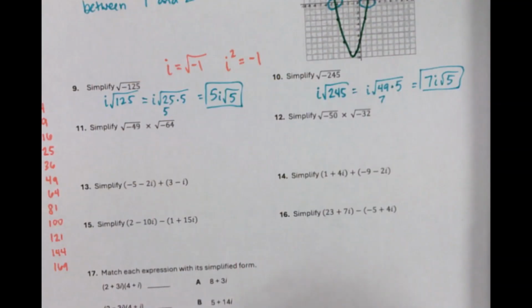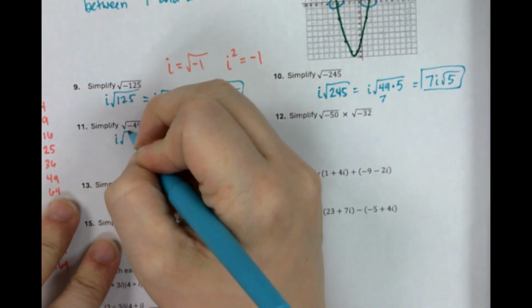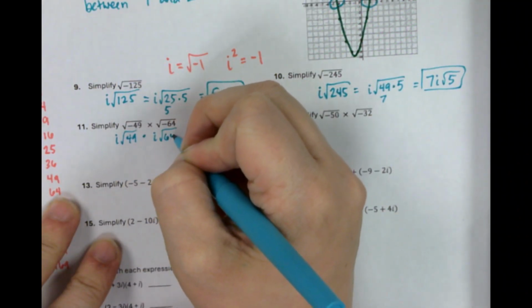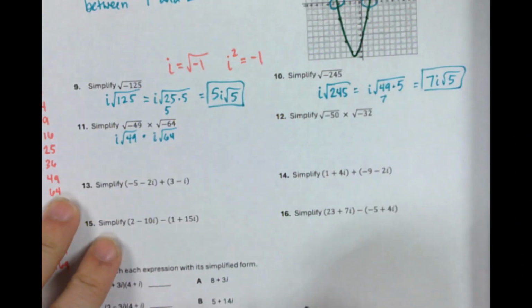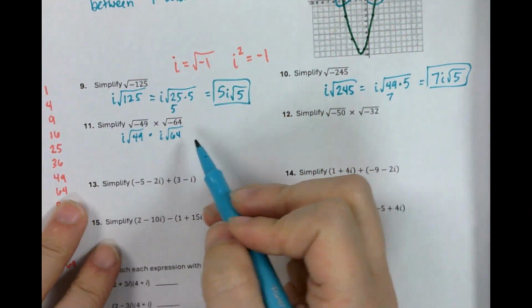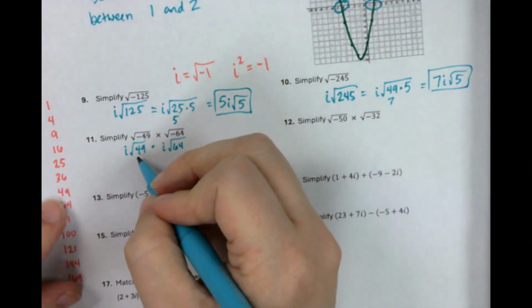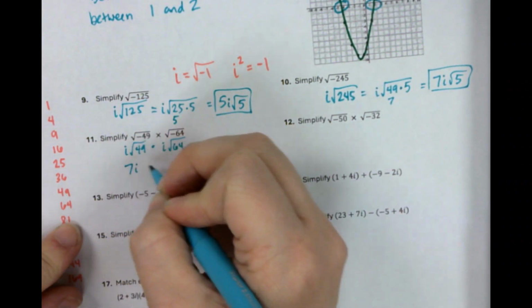Simplify the square root of -49 times the square root of -64. Immediately i root 49 times i root 64. 49 and 64 are both perfect squares. They're on my list. Square root of 49 is 7, so this is 7i.